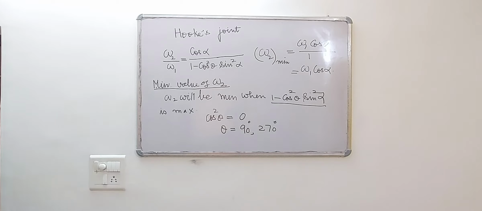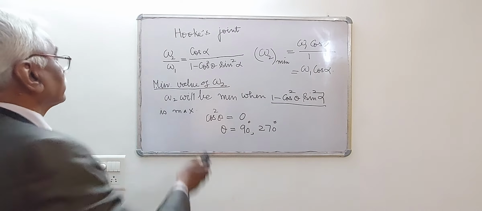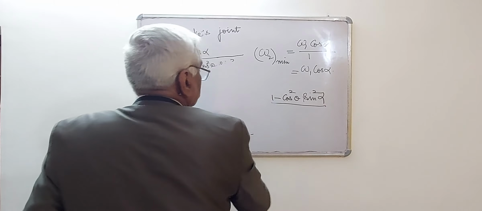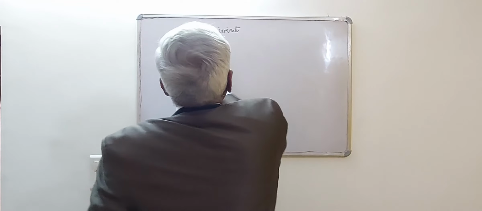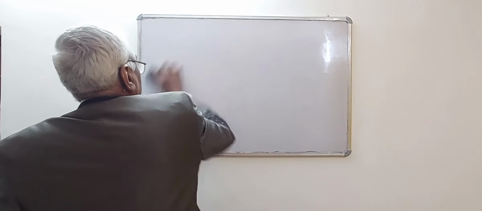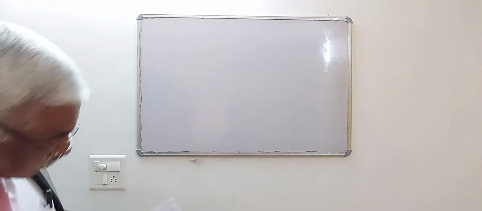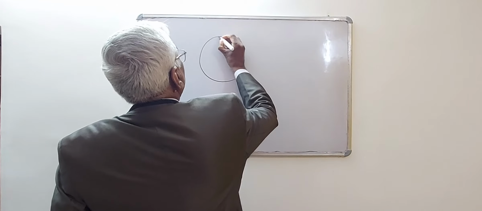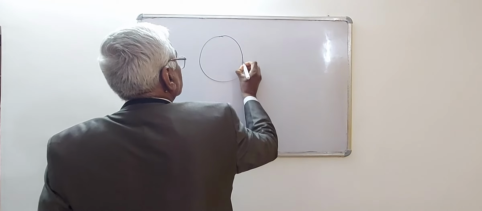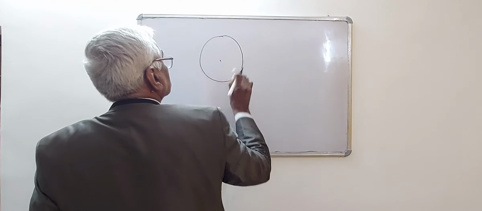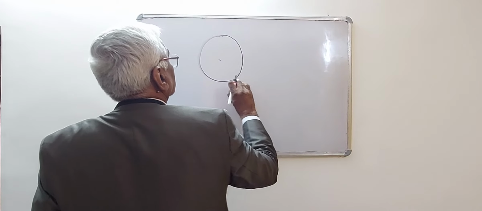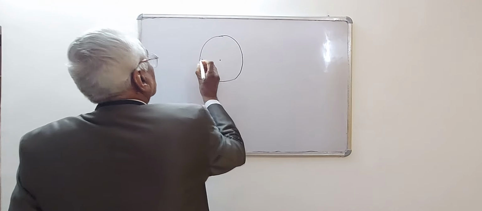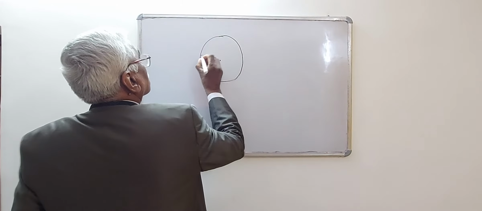In the figure or in the diagram it can be shown like this. The speed of the driving shaft is constant, so it can be shown in a circular form.